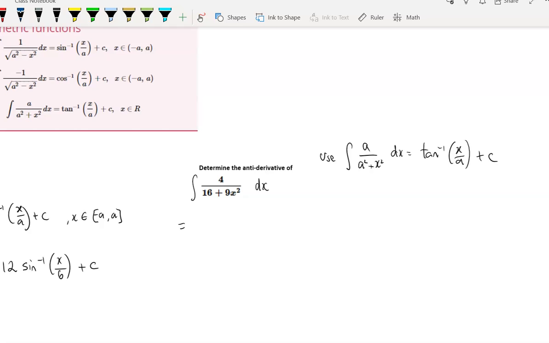The second thing we're going to do is make the coefficient of x squared 1. How are we going to do that? There are a couple of things we can do, but what we're going to do first of all is, if I divide the 9x squared by 9, then I can divide the 16 by 9 as well. So I'm going to make that 16 over 9.